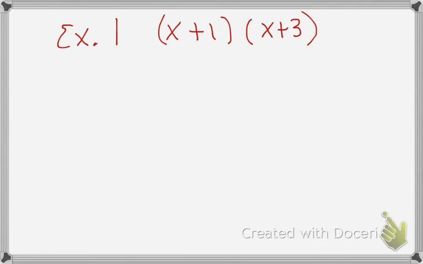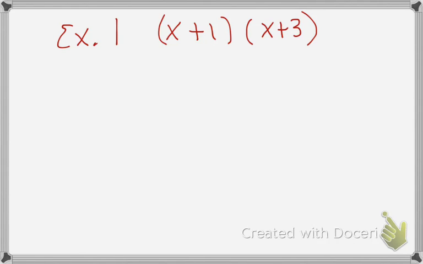All right, here's example 1. We have x plus 1, and we have x plus 3. Now, you know how to do the box to multiply this to get it into the quadratic. But what we're going to do is use the zero product property to find the two roots.